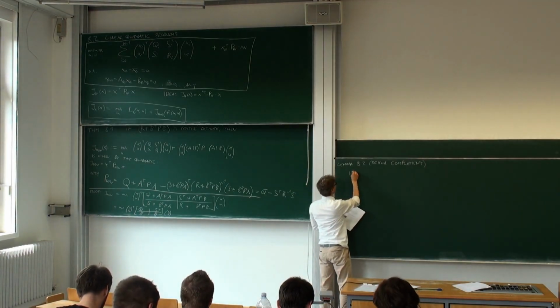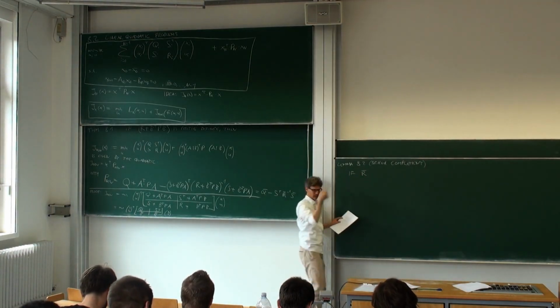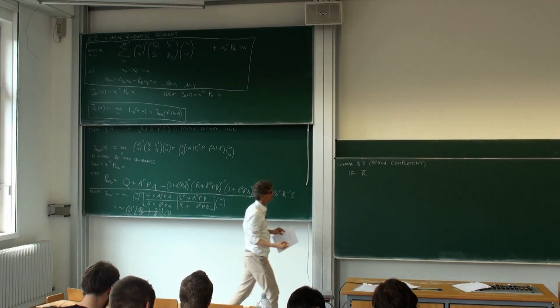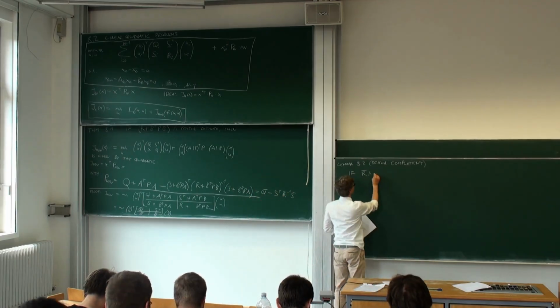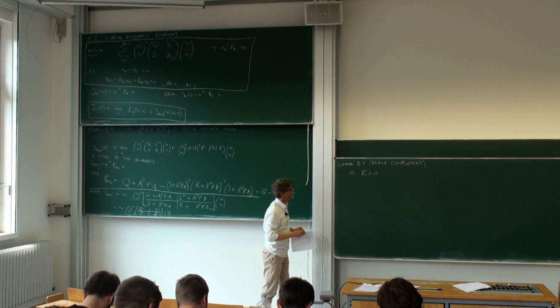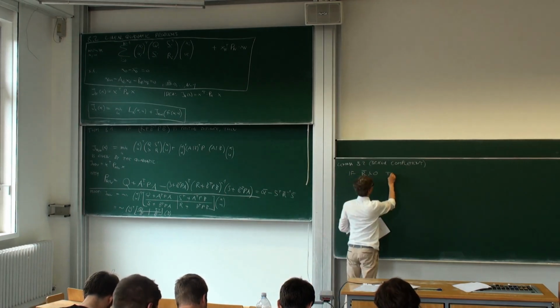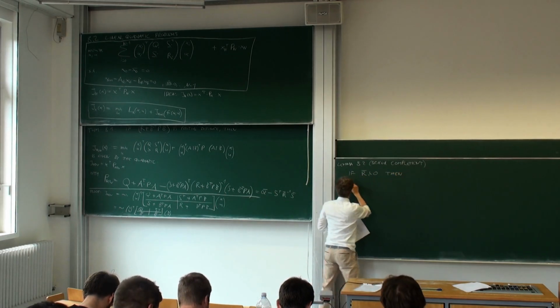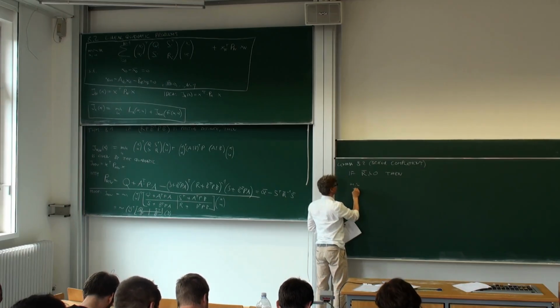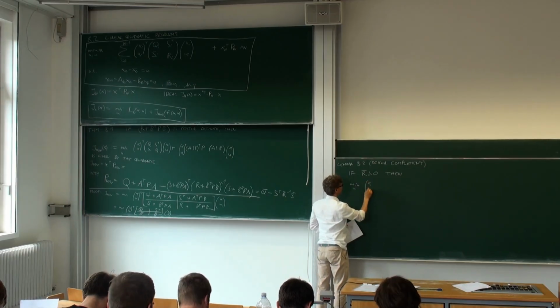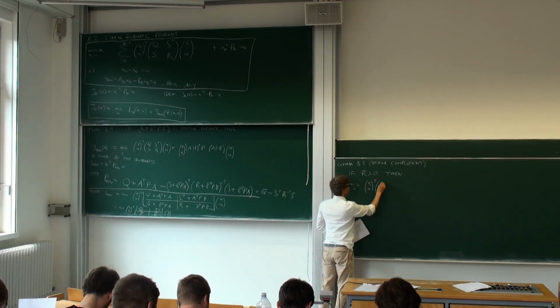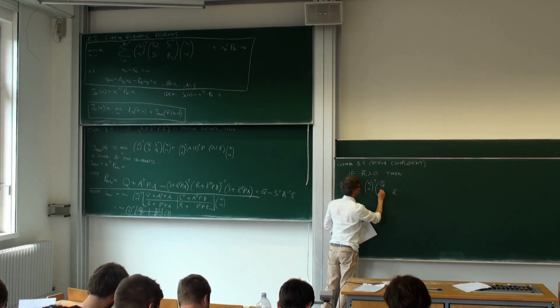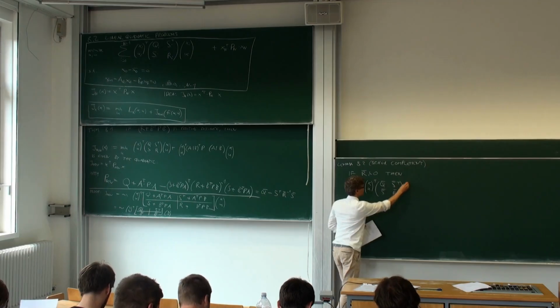So it says if R bar, and now I use R bar because it's a general statement, is positive definite, then there is a very simple statement: the minimization over u, when I have this expression of (x, u) transpose times the matrix with blocks Q bar, R bar, S bar transpose.